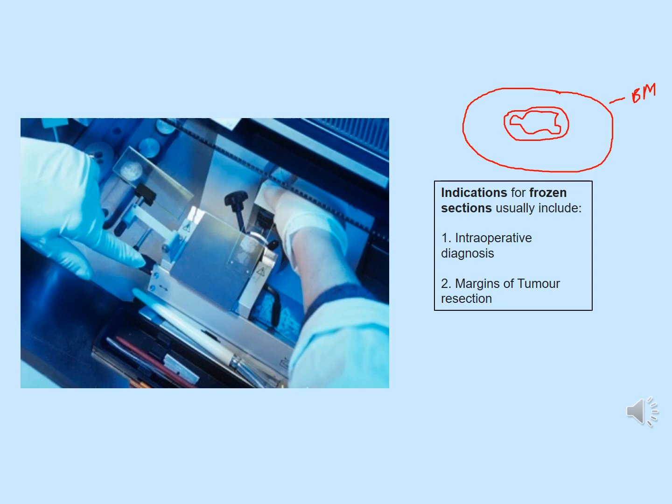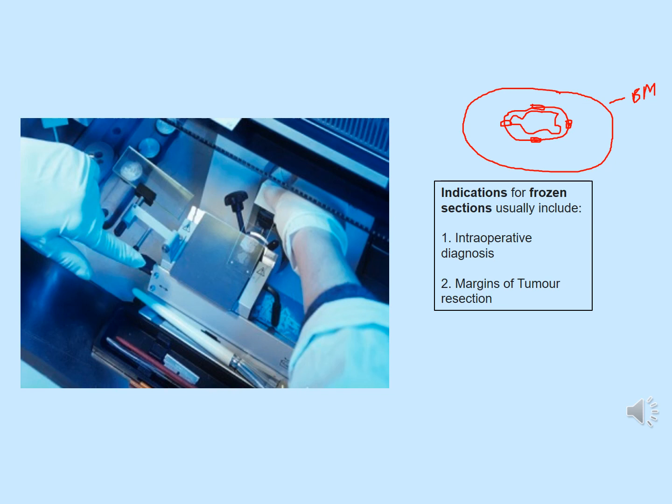So when the surgeons remove this piece of tissue, they send each of these tumor margins, anterior, superior, posterior, inferior, to the pathologist in the next room to do a frozen section, to tell us whether this margin is free of tumor or not. So this is a great example of where frozen section is used.